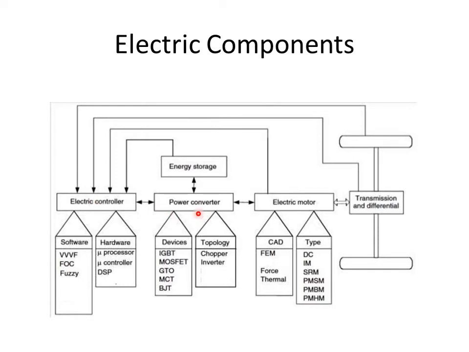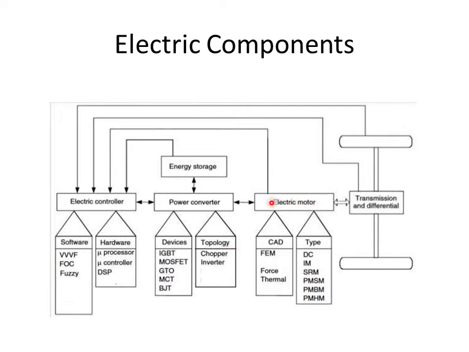In the electronic controller, we can have different logic or controls like variable voltage, variable frequency control, field oriented control, fuzzy control, etc. The power converter can be operated in a chopper mode or inverter mode, depending upon which type of motor we are using.